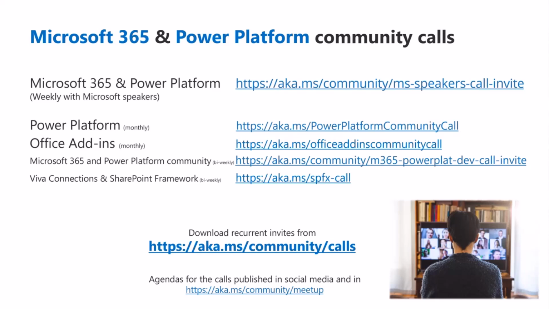So when it's Christmas in the Northern Hemisphere or when it's summertime in the Northern Hemisphere, this call is on break. On top of that, we have the Power Platform monthly community call coming actually next week for February, and then the Office Admins monthly community call, and then our 7 a.m. Pacific series, which is either the Microsoft 365 and Power Platform community call or the Viva Connections and SharePoint Framework community call.